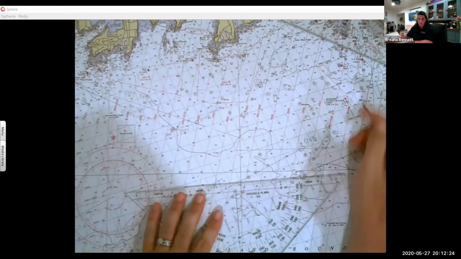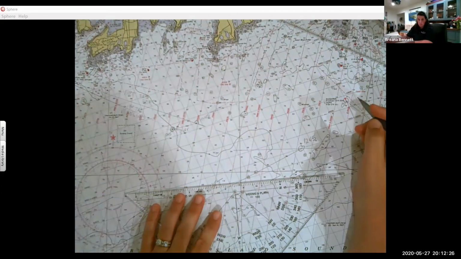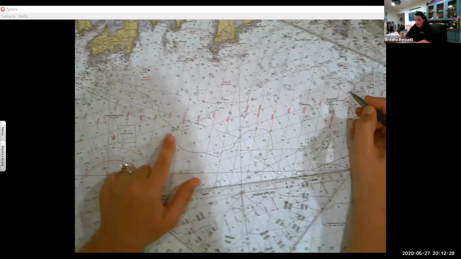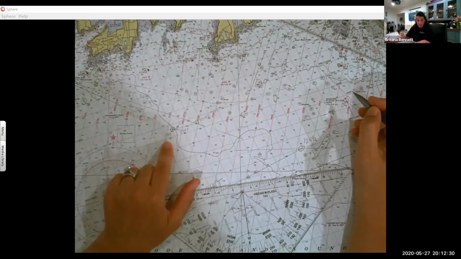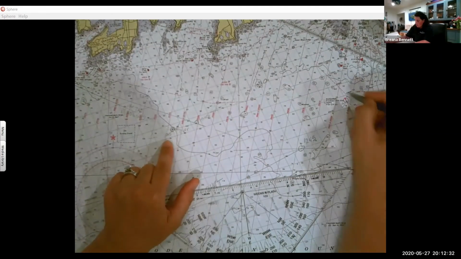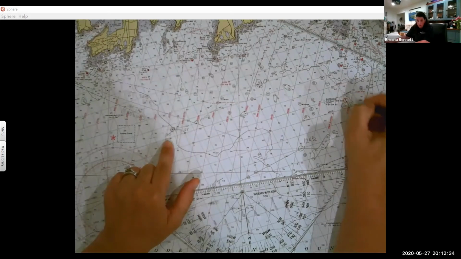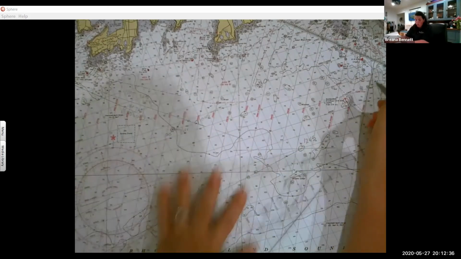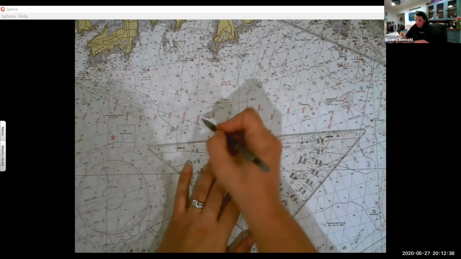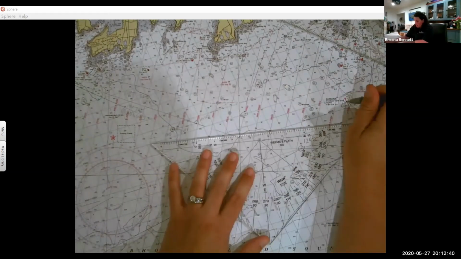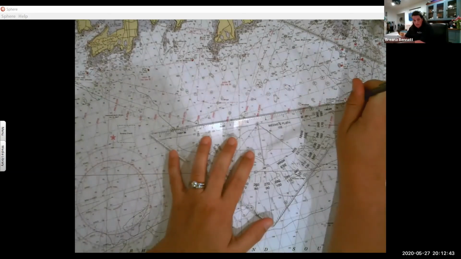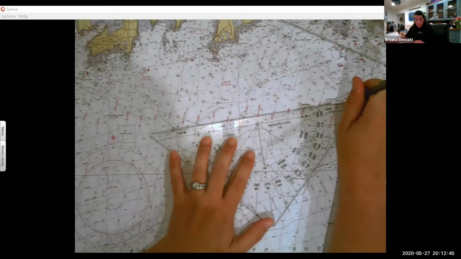Okay, everyone still with me? Yeah. Okay. So this was our 1045. I want to go to Buzzards. What course should I steer using this current? I would connect the two dots.